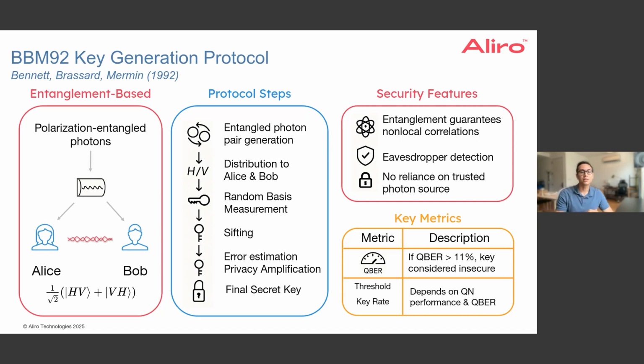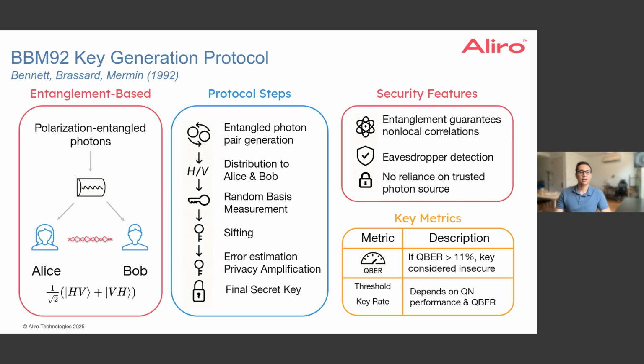But this is the conservative threshold to take, whereby if the QBER is under 11%, we can guarantee that security. But if it's above, then yes, it might be due to some bad components or a bad channel in your system, but it also may be due to an adversary, so we can no longer guarantee that security.